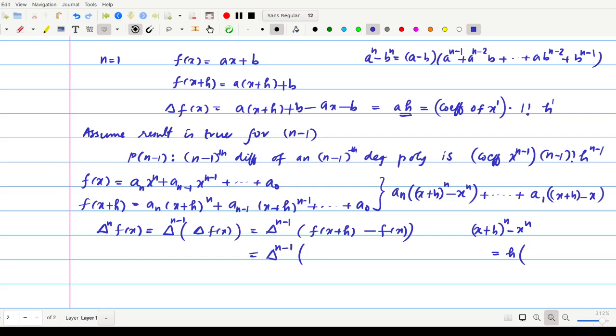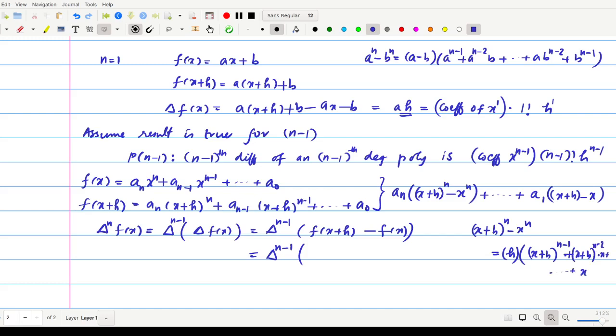We can get the first term as h, because that is x plus h minus x. So that is h here, and the remaining terms, instead of a we have x plus h, and instead of b we have x. So we can write it as x plus h whole raised to n minus 1, plus x plus h raised to n minus 2 times x, plus etcetera.